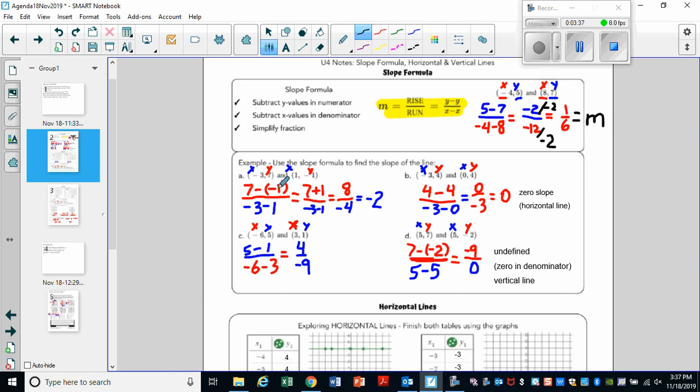So 7 minus -1 is the same as minus negative is a positive, so 7 minus -1 really becomes 7 plus 1, while your x is -3 minus 1. And just like before, you're really adding two negative numbers, -3 plus -1, which gives you a value of -4. Now, 8 divided by -4 simplifies as -2. And you will need to simplify your fractions either into lowest terms or whole numbers.